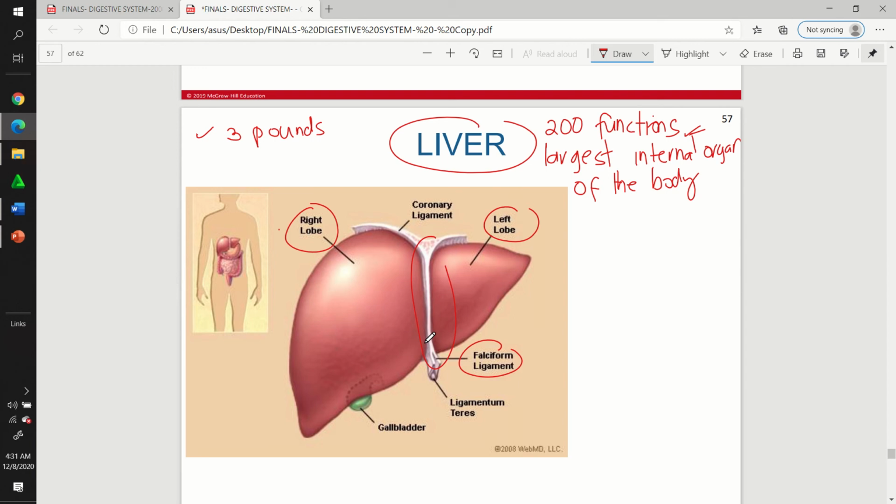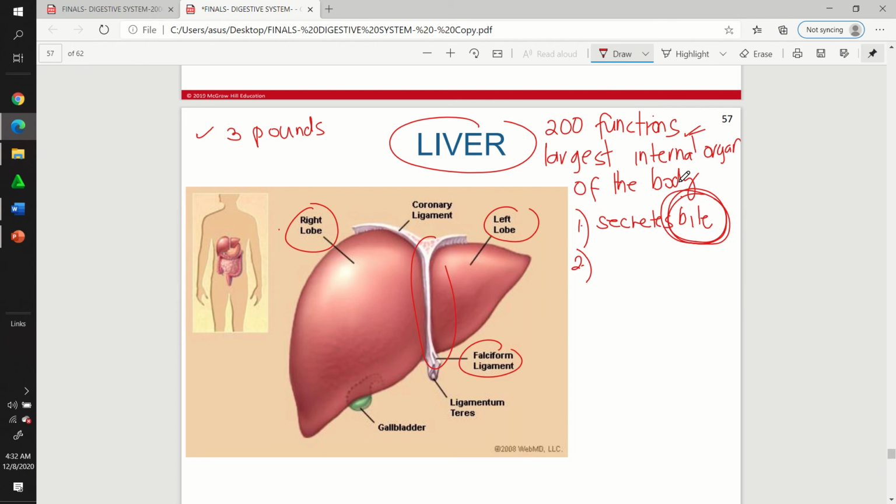Number one, the most common digestive function, is that your liver secretes your bile. That's actually important. Bile is a greenish substance. Why is that important?